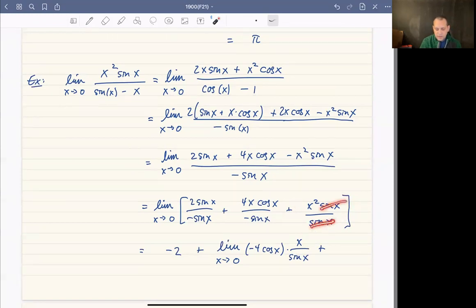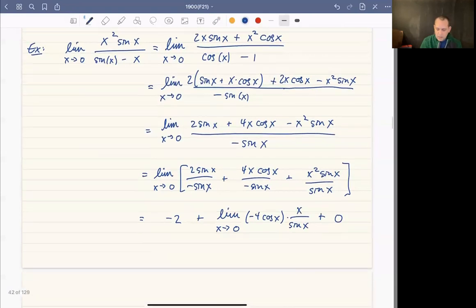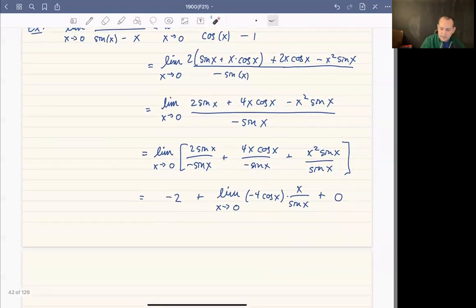And so then we're left with x squared, the limit of which as x goes to 0 is 0. So all we really have to do is look at the limit of the middle term there. And negative 4 cosine of x is going to go to negative 4. So all we really have to know is what happens to x over sine of x.